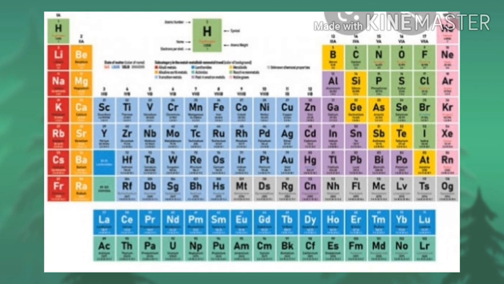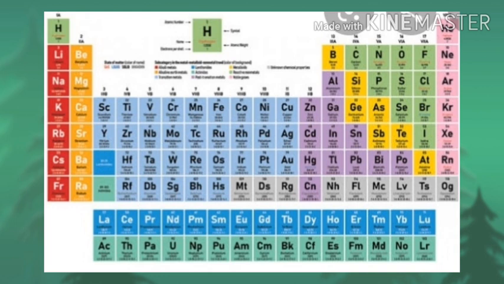Already you know this information. The first two groups are called the S block, on the left hand side. On the right hand side, from 13 to 18, it constitutes the P block elements. The center, that is 3 to 12, constitutes the D block elements, and below the periodic table are the F block elements.